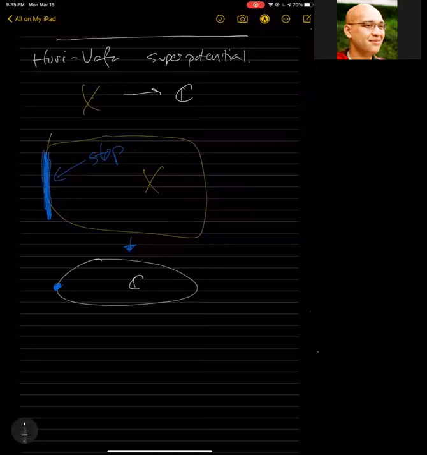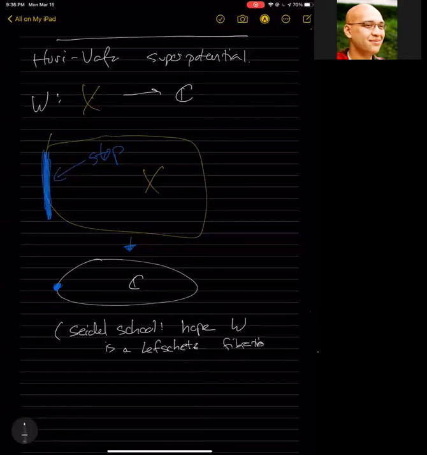If you come from the Seidel school of computing Fukaya categories, then you study Lefschetz fibrations. I think they usually call this map W. You hope W is a Lefschetz fibration, or maybe you deform it to be one, and then you use vanishing cycle methods.